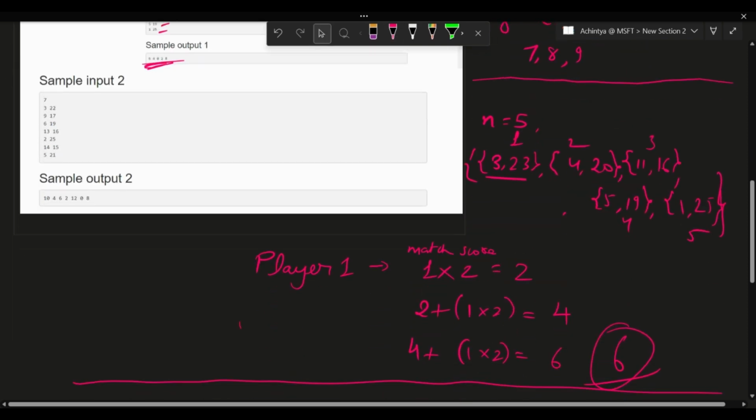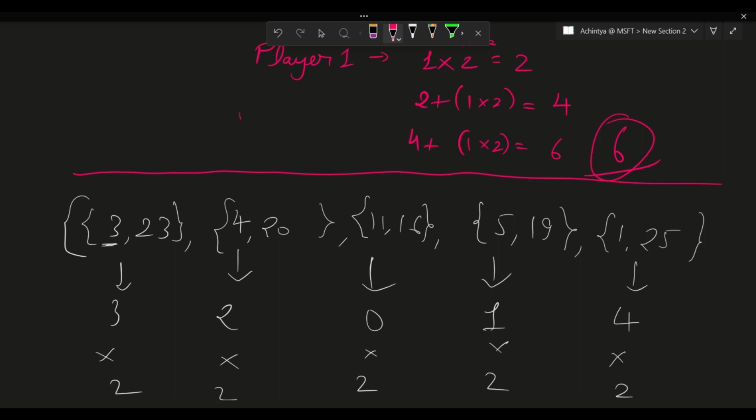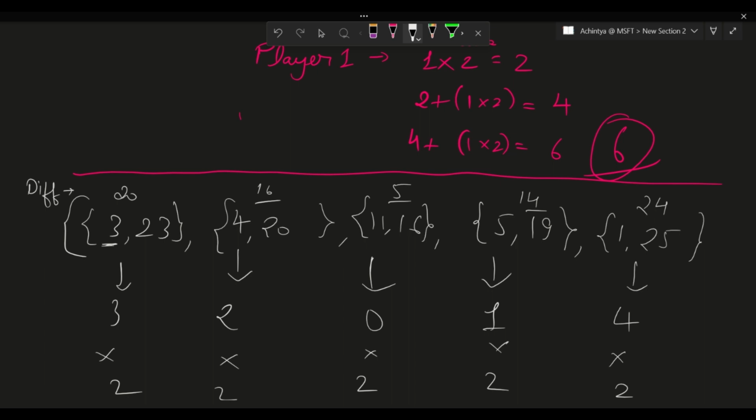So there is some logic in this. There can be more logic; I will show you one more. See, if I take the difference between 3 and 23, what is the difference? 20. Suppose I find the differences: 20, 16, 5, 14, and 24. 20 is greater than whom all? 16, 5, and 14. Count became 3 into 2. 16 is greater than 5 and 14.